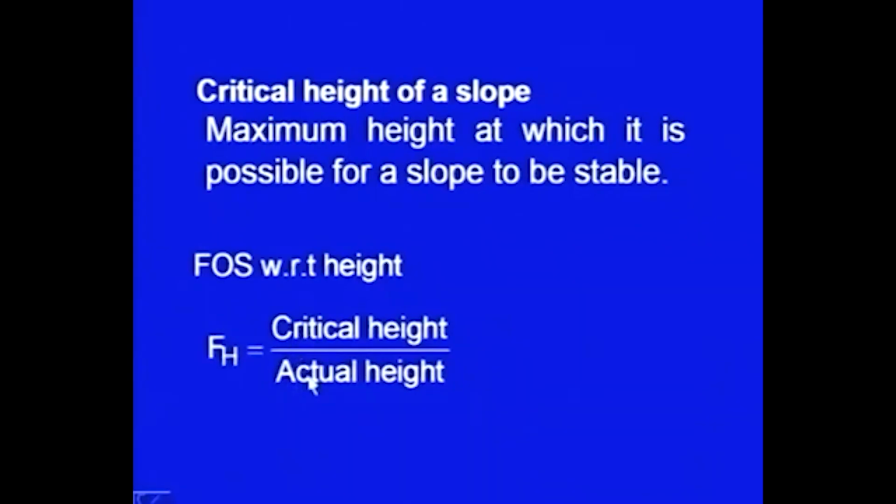In case of a stable slope, the critical height will be more and the actual height will be less. So, FH, the factor of safety with respect to height, will be more than 1. In case the critical height is less and the actual height is more, that means the factor of safety with respect to height is less than 1 and it is going to fail; it cannot remain stable.